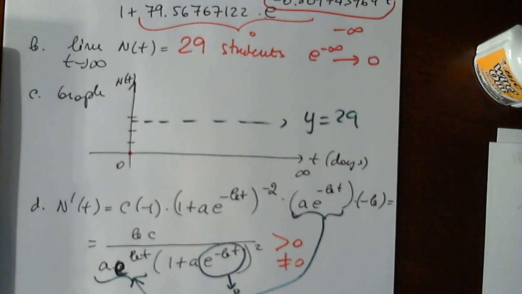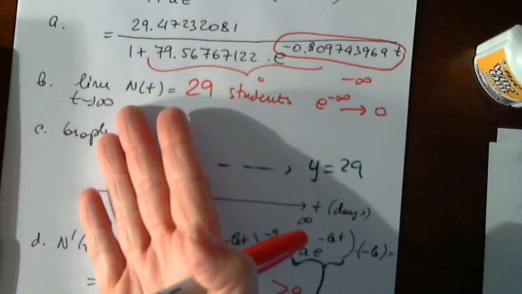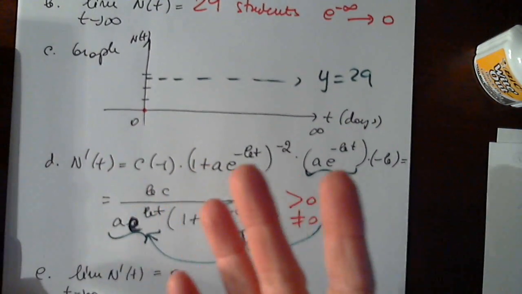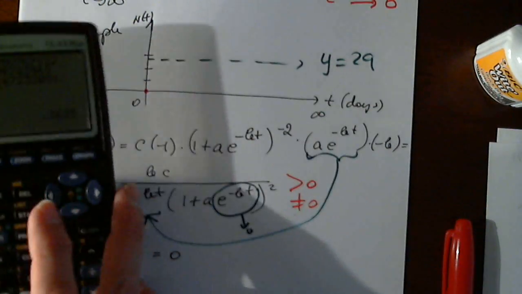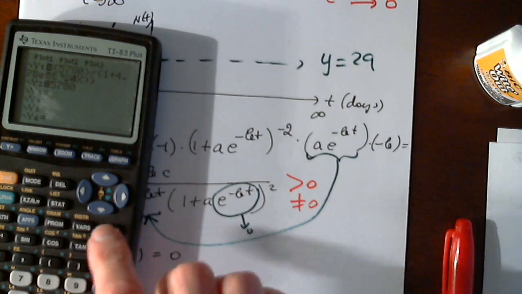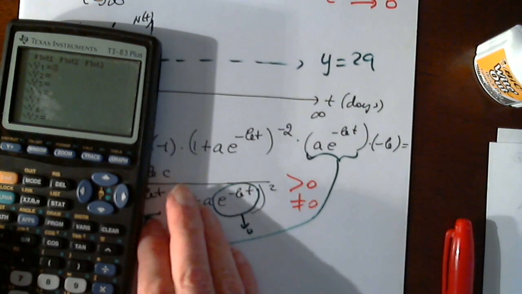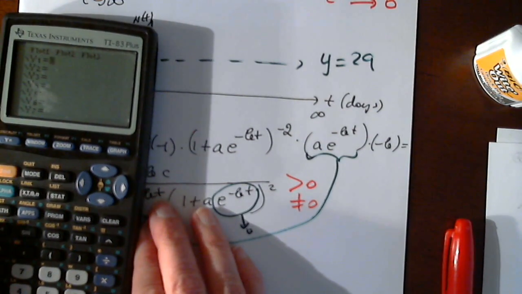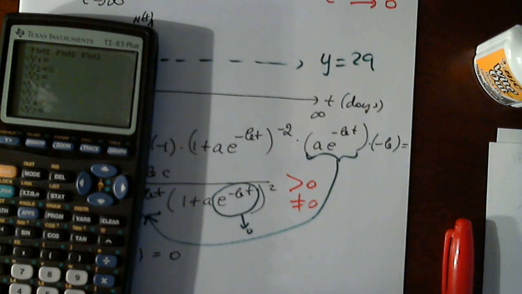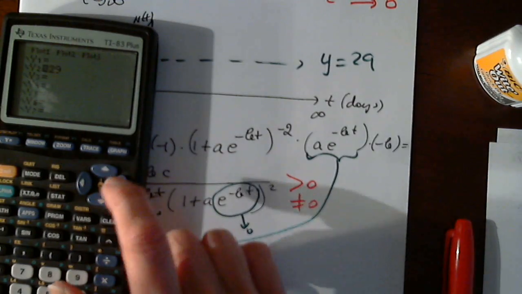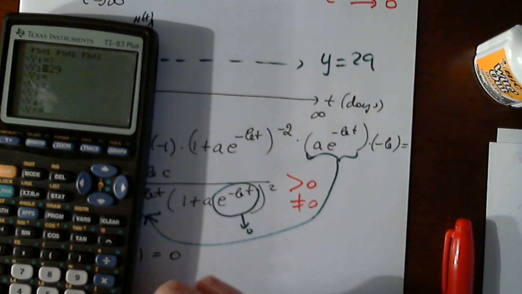Now, I should determine the second derivative and see whether the function has an inflection point or not, or you can do that later. I just would like to graph this function with a graphing calculator. Of course, the second function will be 29. That's the horizontal asymptote.